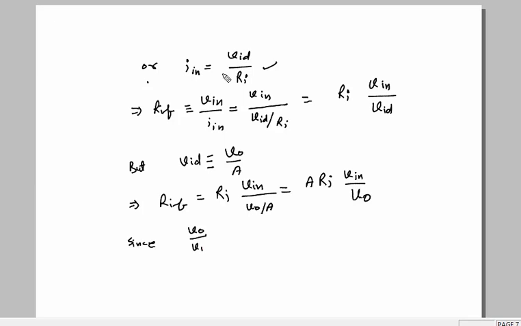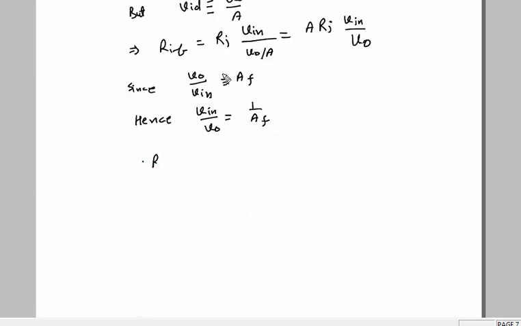Now V naught by V in we call AF. This is the definition of the gain with feedback. Hence V in by V naught equals 1 by AF, just the reciprocal.